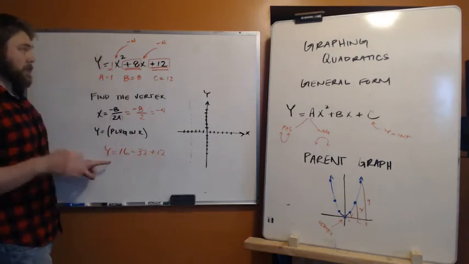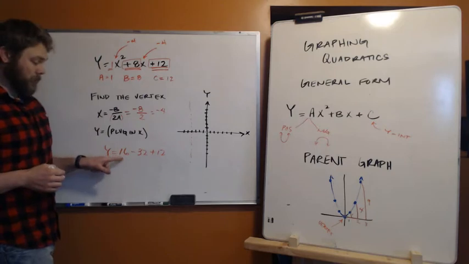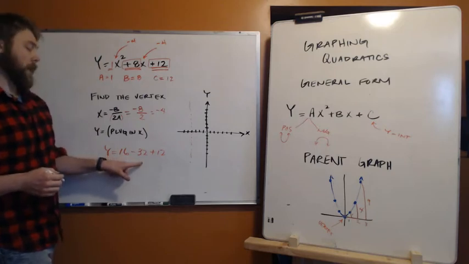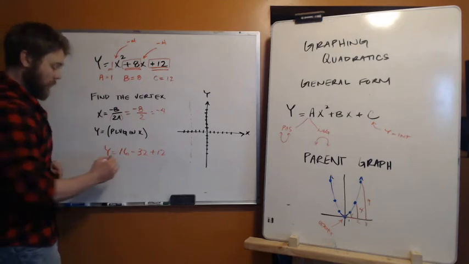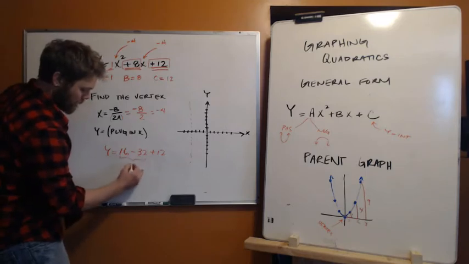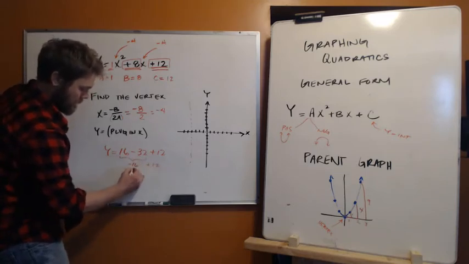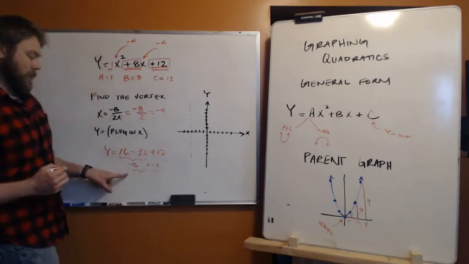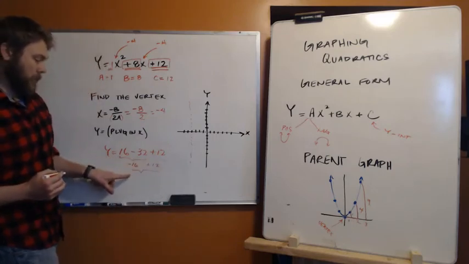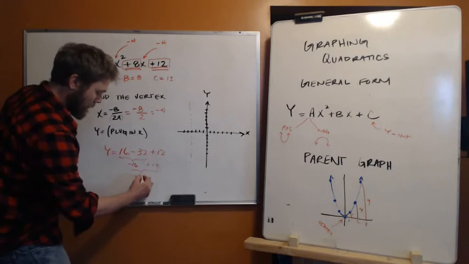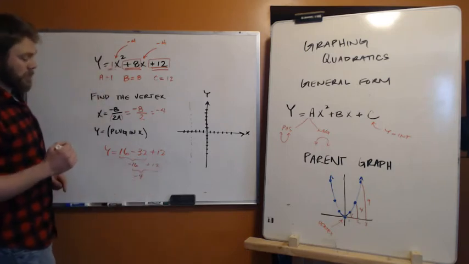Okay, so if x equals negative 4, then y equals 16 minus 32 plus 12. Well, that's minus 16. And then if I carry down the 12, that would be negative 4. Okay, negative 4 is the y value.